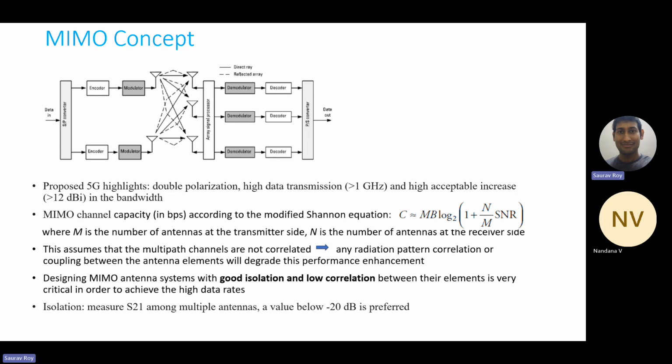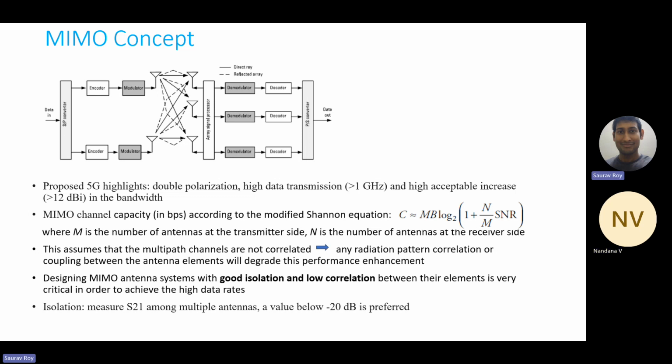Generally we prefer a value below minus 20 dB. We are talking about multiple antennas at a very close distance, which is what is required in MIMO. So we need two things: one is good isolation, another is low correlation.